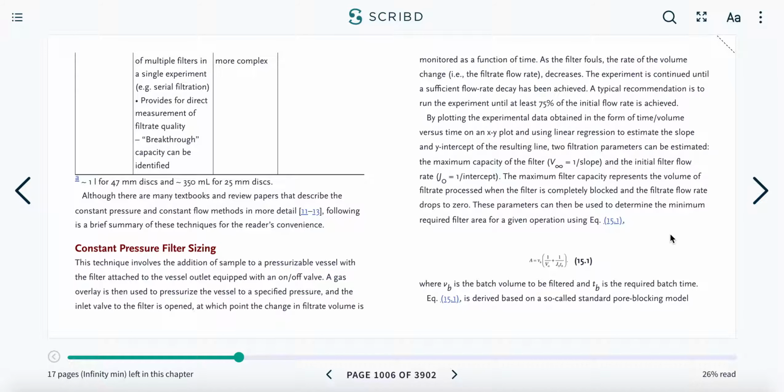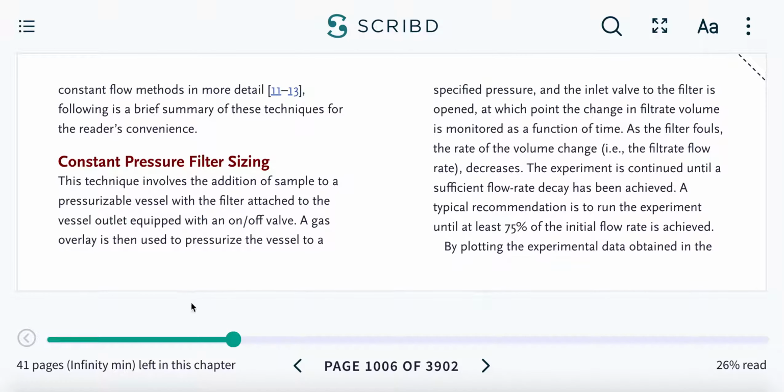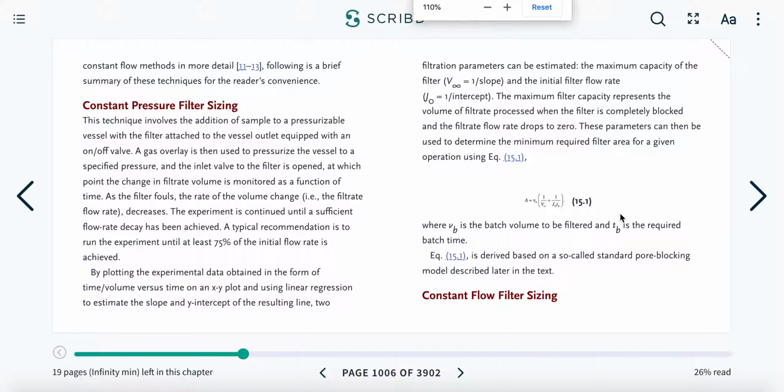Let me magnify this. So you can use this to calculate your area for a given operation.